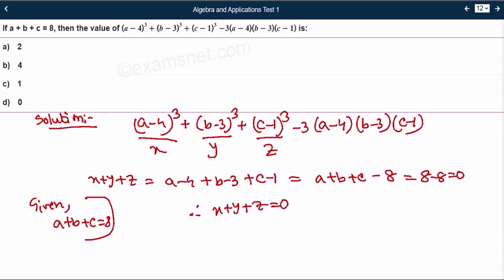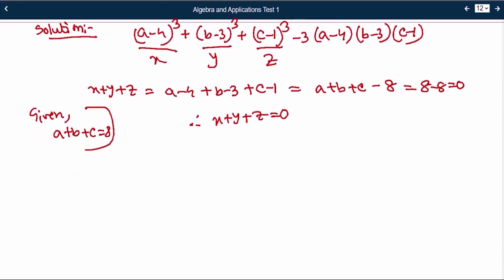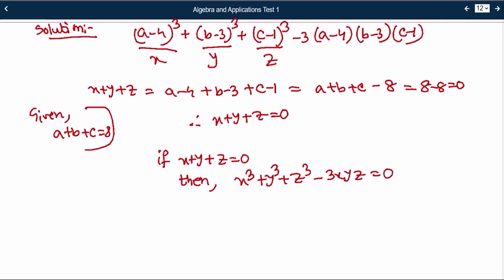Correct? So we know we have an identity that if x plus y plus z equals 0, then x cube plus y cube plus z cube minus 3xyz equals 0. Correct? Now let's put all the values of x, y, z over here, because we have assumed x, y and z in place of a minus 4, b minus 3 and c minus 1.